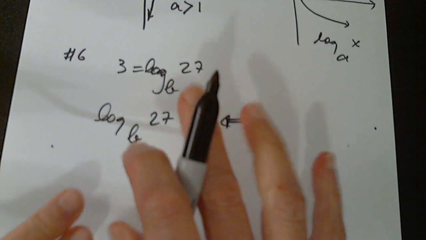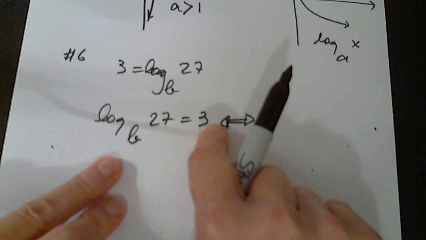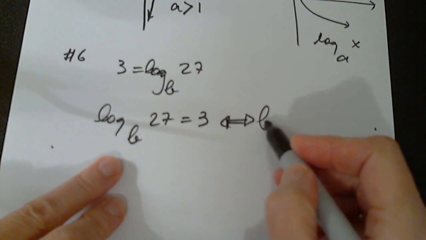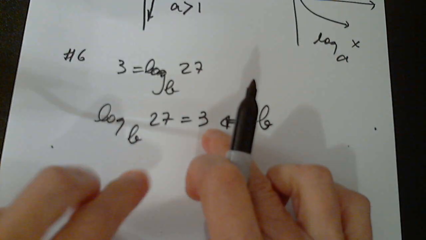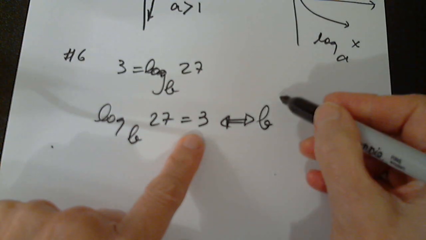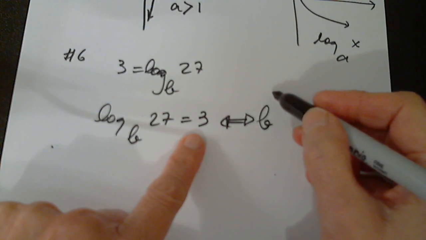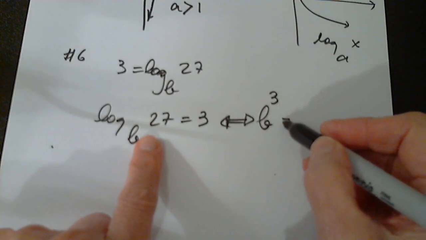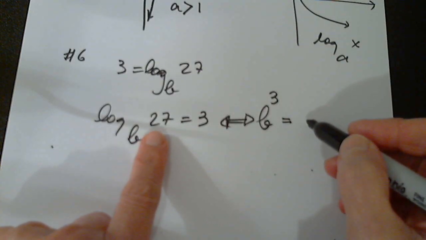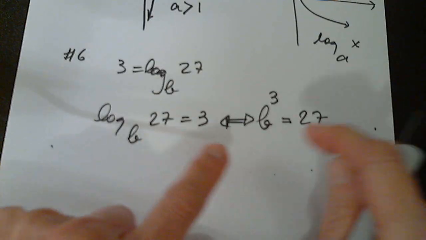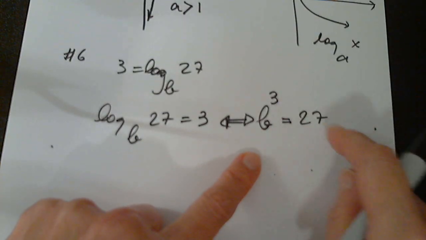Careful. We always start with B. B raised to 3 equals 27. Good. Which number raised to the third power equals 27?